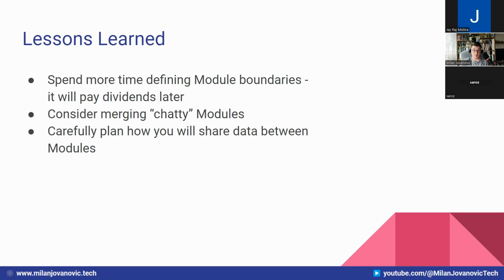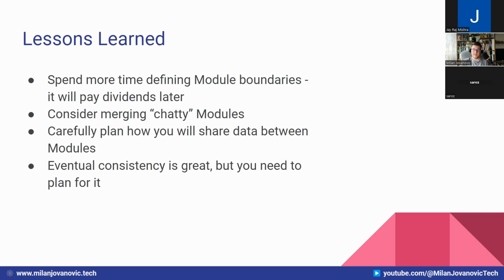Another approach is you query the data once from the other module and you cache it locally, either in memory, RAM, I mean, or you can use a distributed database like Redis and cache the data there, and then be able to reuse it for as long as possible.